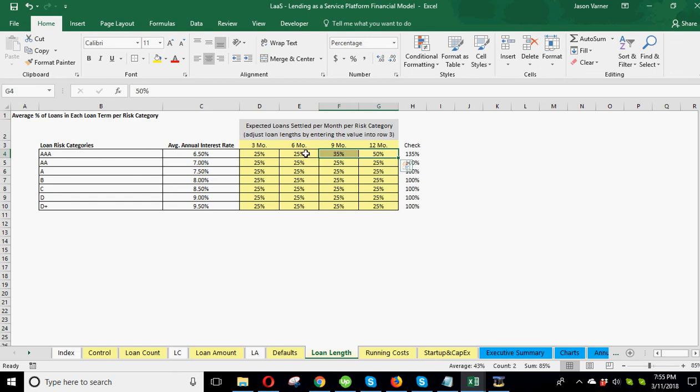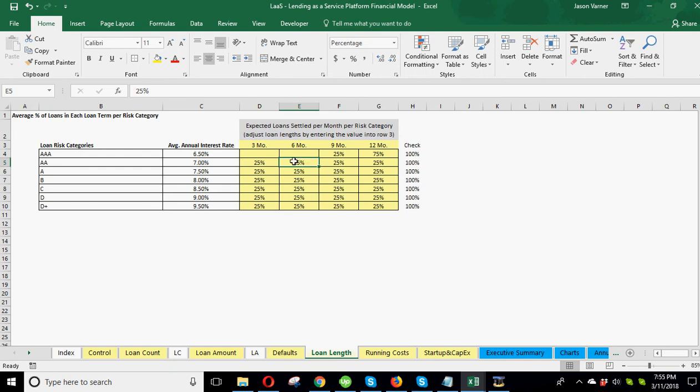What do we got left? 85. Closer to that is probably more realistic. Maybe even like 75, 25. Maybe none of here.